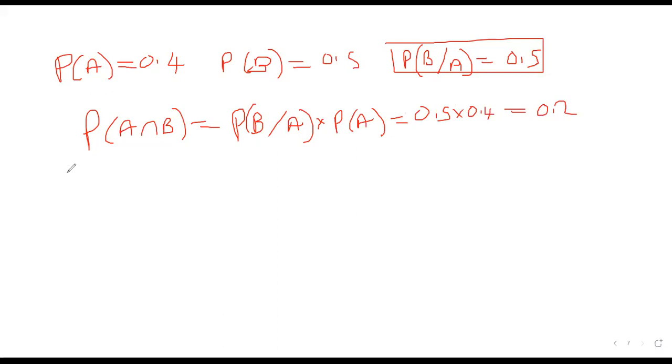Then how do we find probability of A union B? Who remembers the formula? A union B. Probability of A plus what?